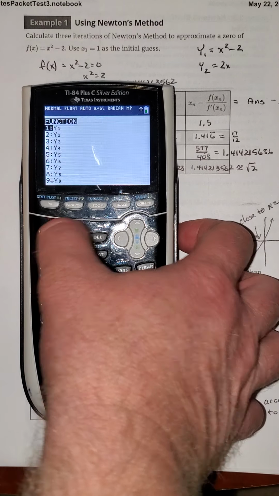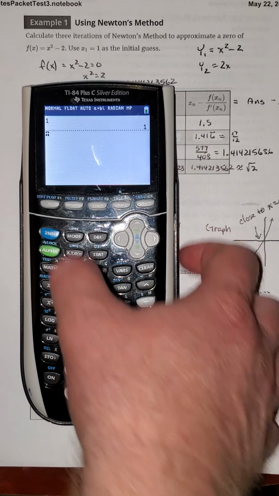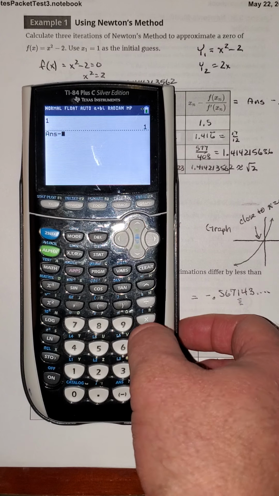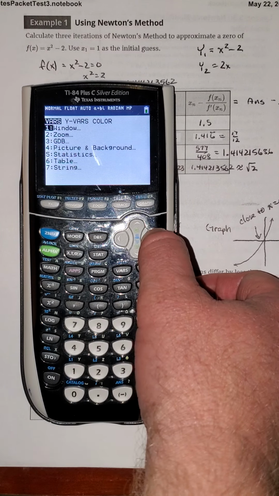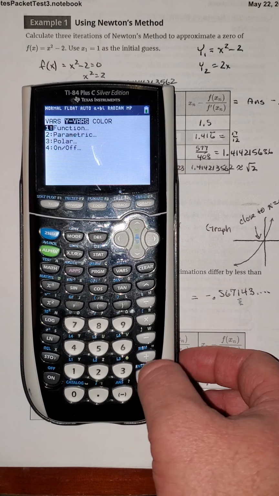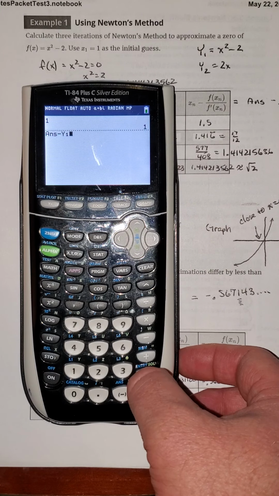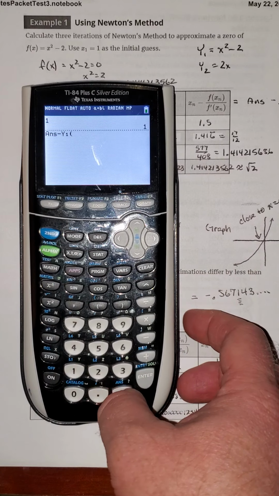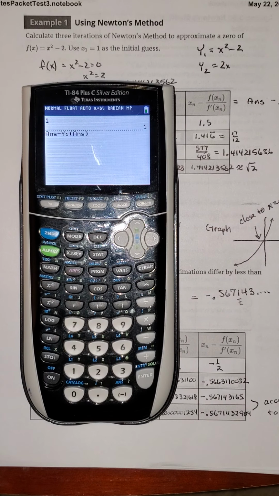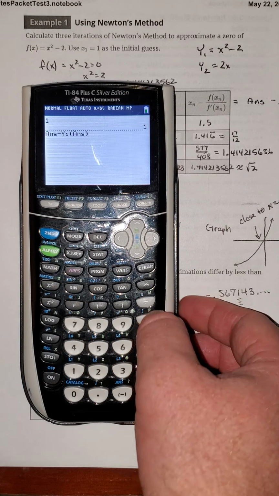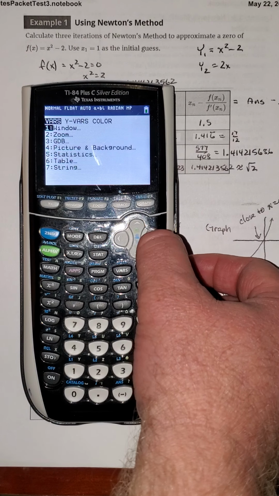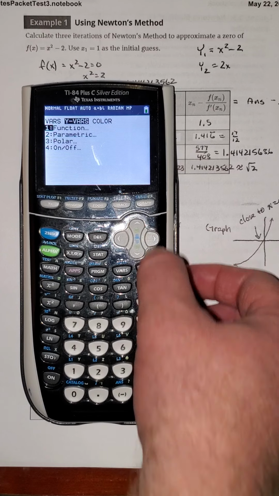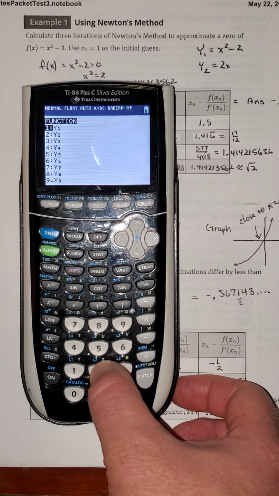So first of all, I'm going to go back to my home screen. I've got to put the answer minus. And again, this is for the older calculators. Vars, y vars, function, y sub 1. And then I'm going to put the answer. You can do that the same way we did with the newer calculators. And then you can hit division, vars, move over to y vars, hit enter on function, and this time I'm going to hit y sub 2.